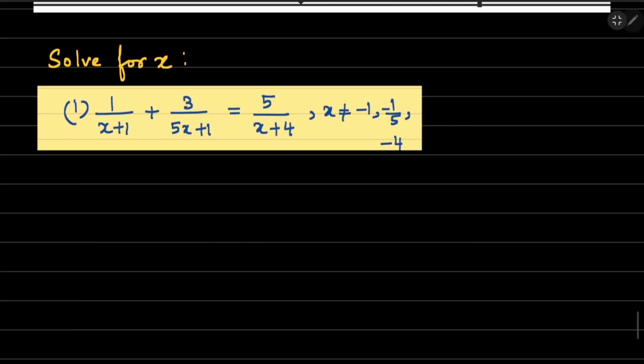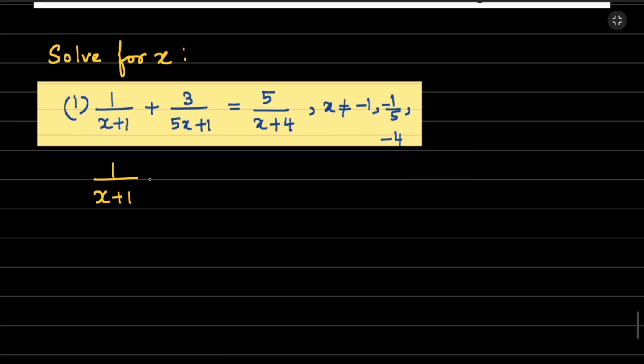I'm going to rearrange the terms, and so here you have your 1 by x plus 1. I'm going to take the 5 by x plus 4, which is in the RHS, to the LHS. So minus 5 by x plus 4 is equal to, I'm going to take this 3 by 5x plus 1 to the RHS just for the time being.